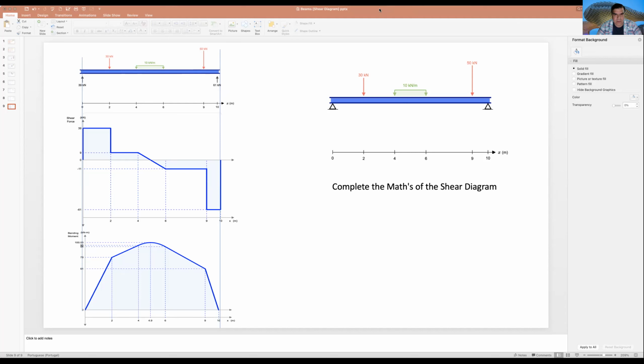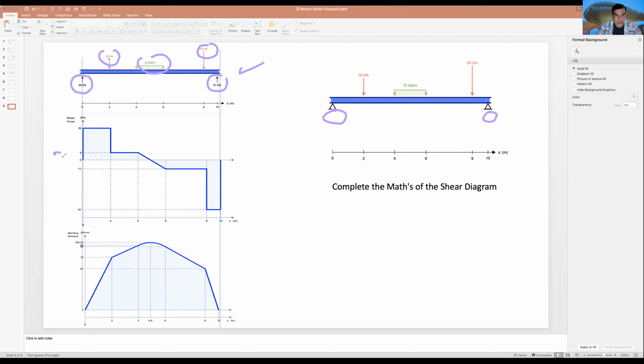That is very important because we are doing a calculation of beams, and if you don't know how to calculate the reactions, that is the first step, you have the rest wrong. You calculate R1, you calculate R2, and you make sure that R1 and R2 are equal to these 3 forces together: 30, 10 multiplied by 2 is 20, plus 50, and it's correct.